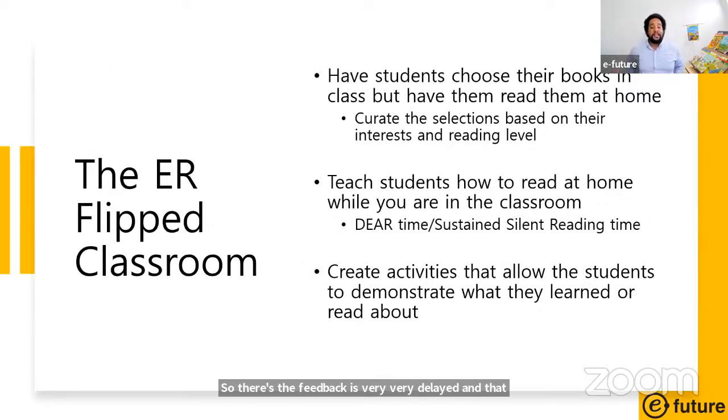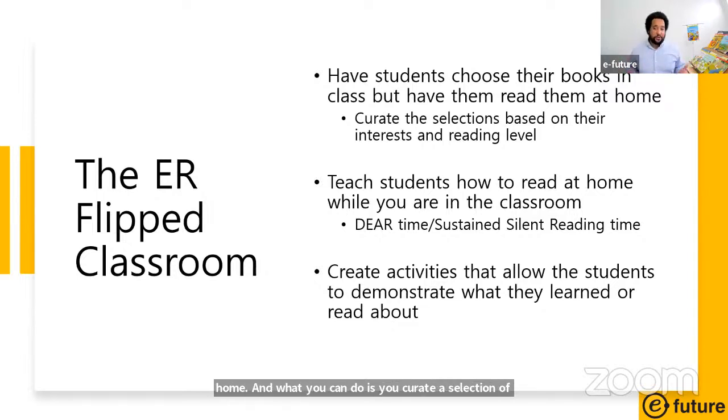Now, with an extensive reading program, there are a couple of things that I would recommend doing when you have a flipped class. First, in class, to plan your class, have your students choose their books, but have them read them at home. And what you can do is you curate a selection of books based on their levels and their interests.